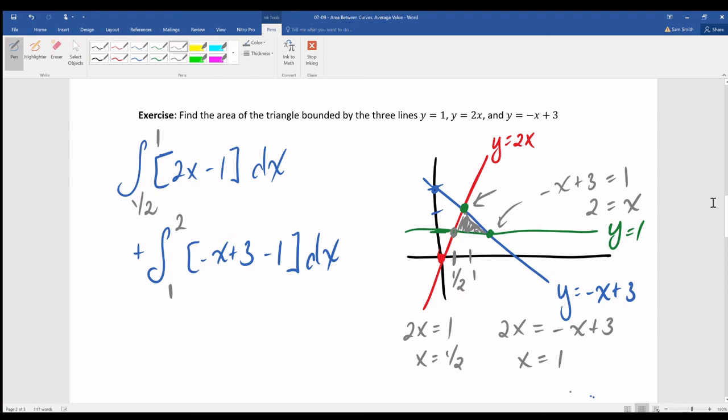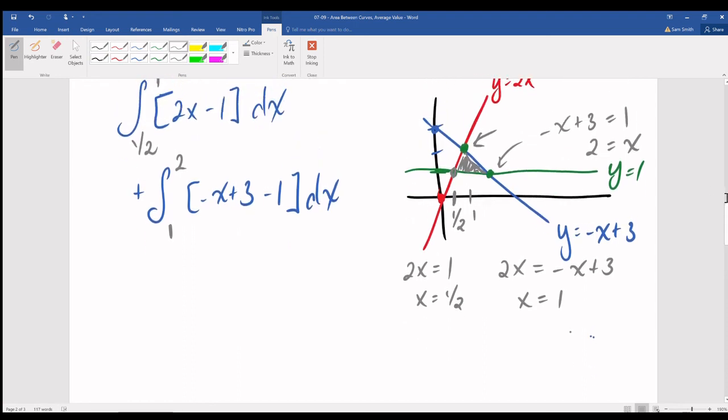Now, just as before, now that we have established who is the top function, who is the bottom function, and what are the limits of integration, we can go through this process of finding and plugging values into the antiderivatives. So for the first function, the antiderivative of 2x minus 1, my favorite antiderivative is x squared minus x.